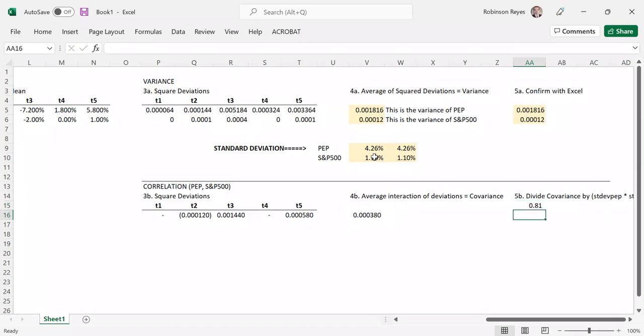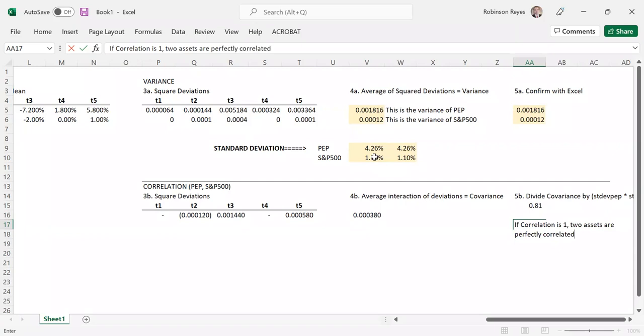And then intuitively, if correlation is 1, and usually we use the letter rho to represent correlation, but let's refer to it as correlation. If correlation is 1, then the two assets are perfectly correlated linearly.